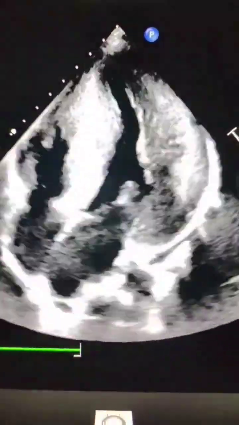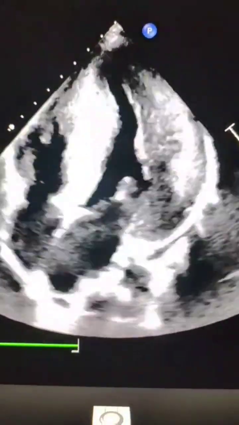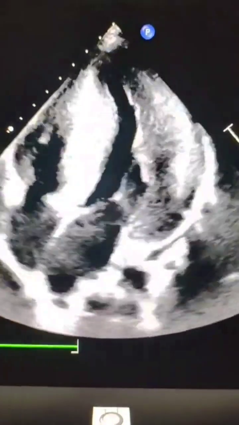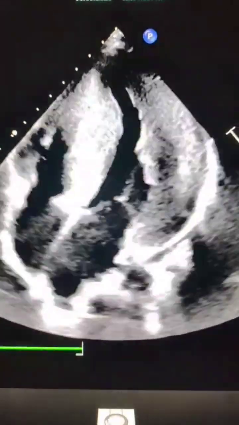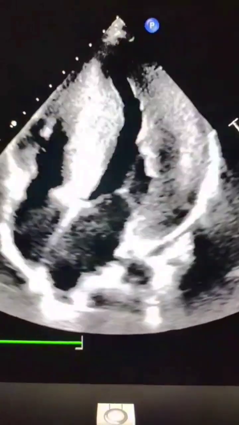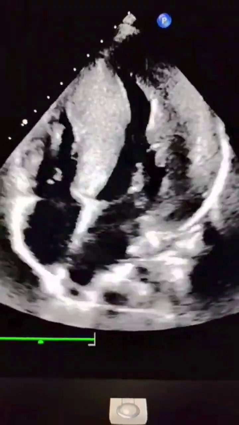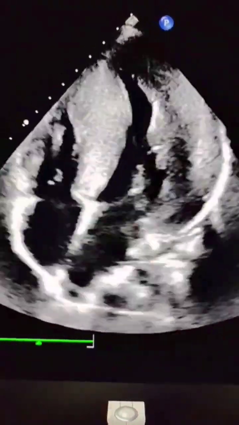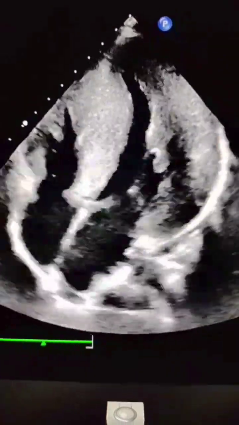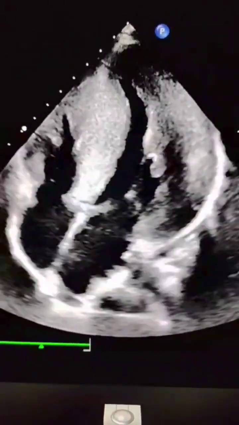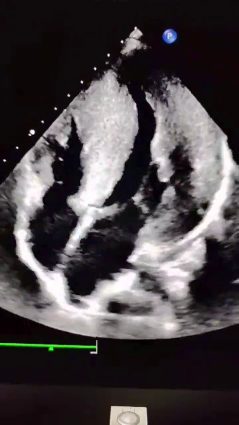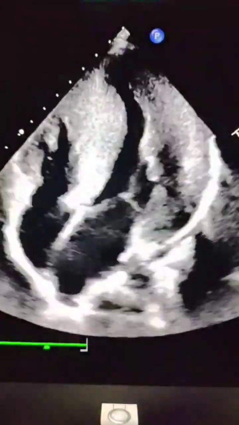In the CW spectrum, we have seen a dagger shape. The lobster claw sign is a mid systolic notch in the spectrum that looks like a lobster claw. That is most commonly seen in the obstructive type of variety.